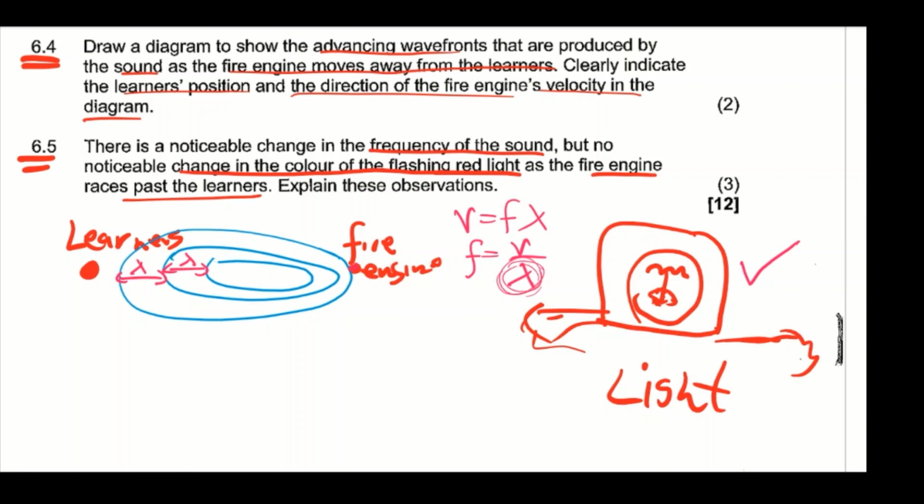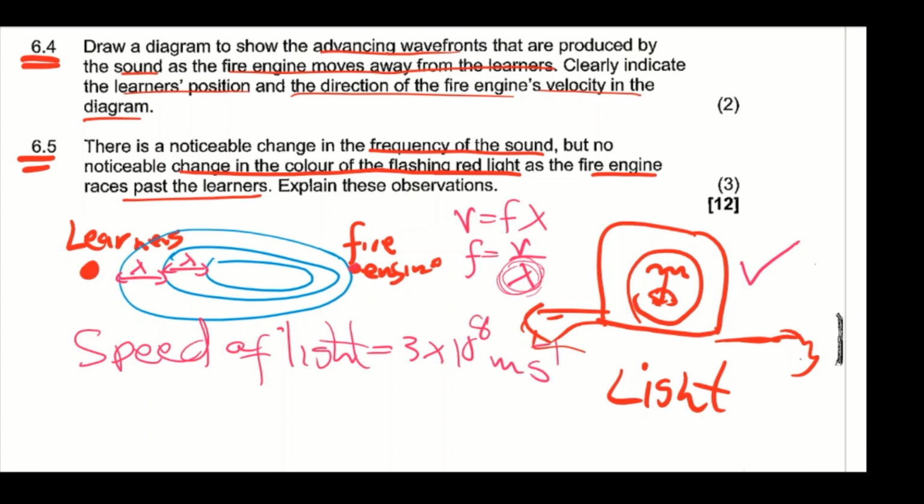You only see light that is just flashing. So the main reason for that is because the speed of light is so fast that it's difficult for us to notice, and it's given as 3 times 10 to the power 8 meters per second. That is the speed of light, if you remember clearly.